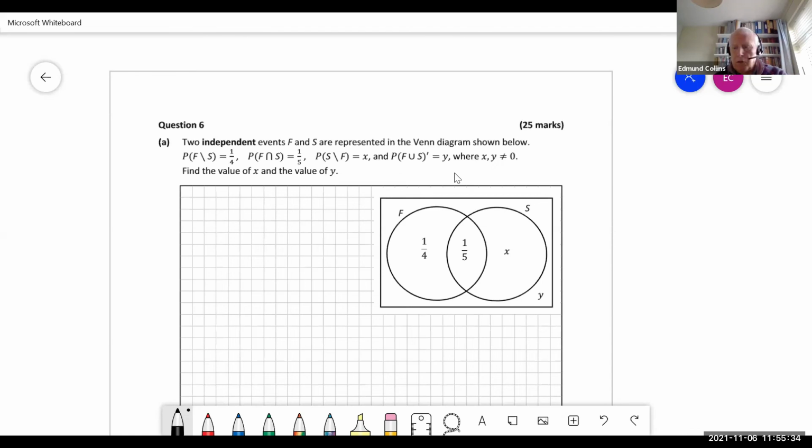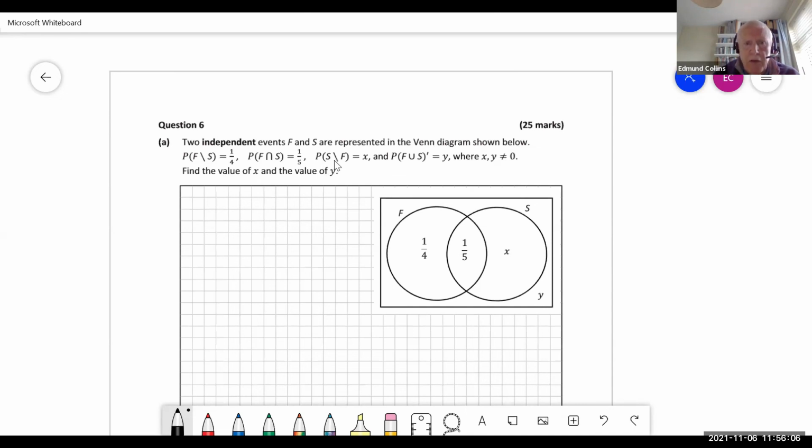You should be familiar with these diagrams now after what we've been looking at. And you should be familiar with the designation here, that the probability of F backslash S means the probability of F but not S is equal to a quarter. The probability of F and S, so the intersection, is equal to a fifth.